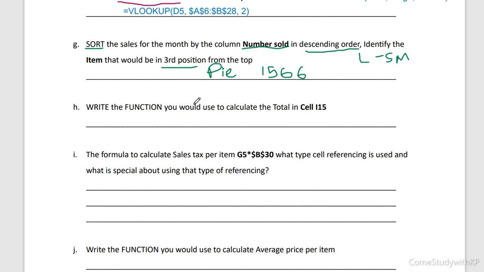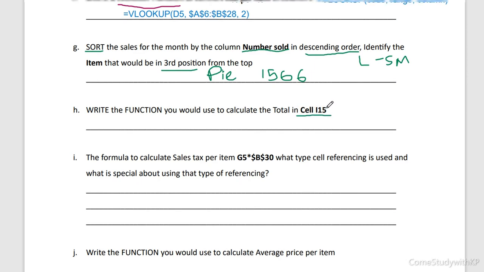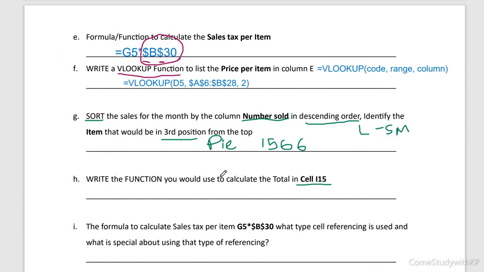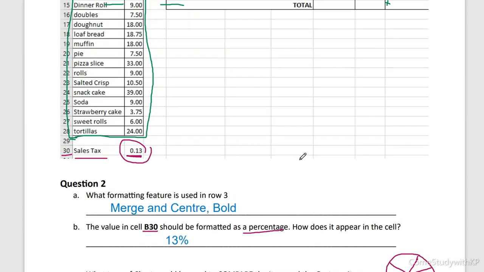Write the function you would use to calculate the total in cell I15. Where's 15? 15 is here and I is here. So what function would you use to calculate the total?